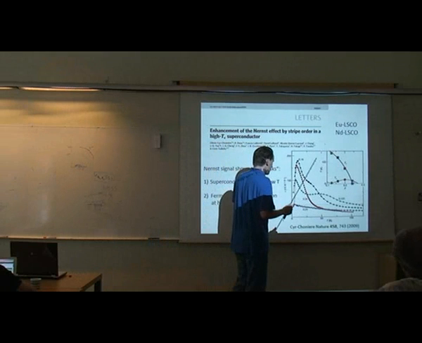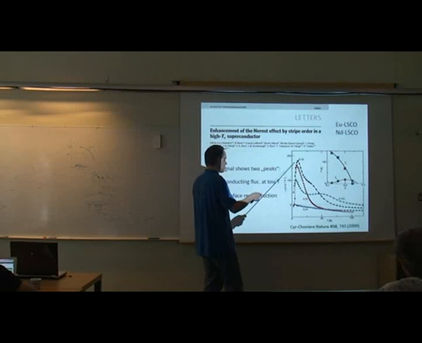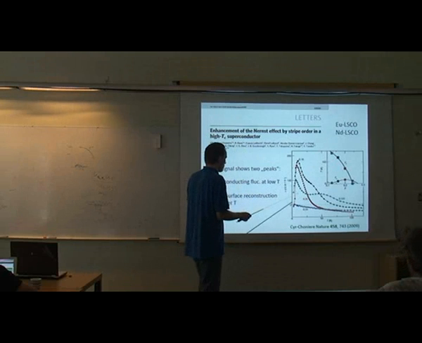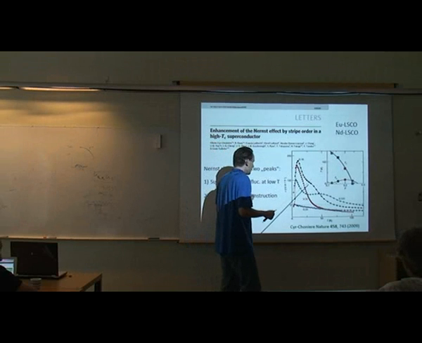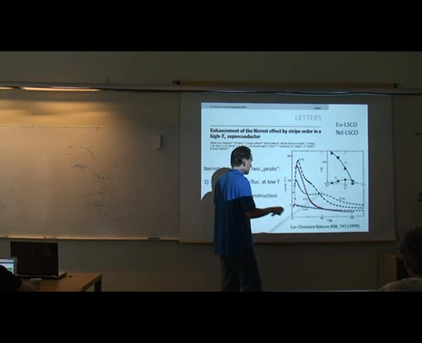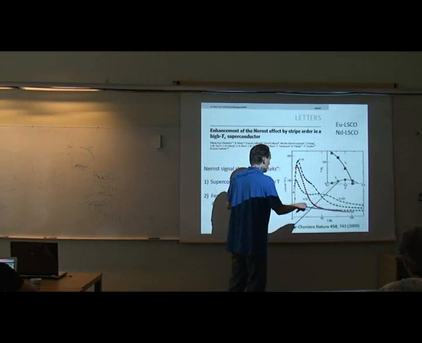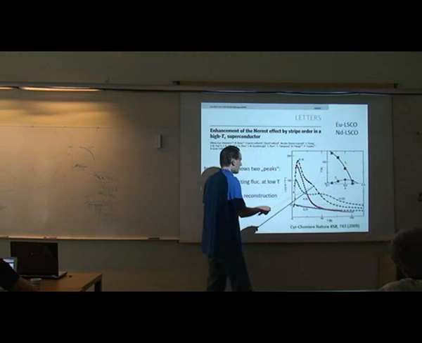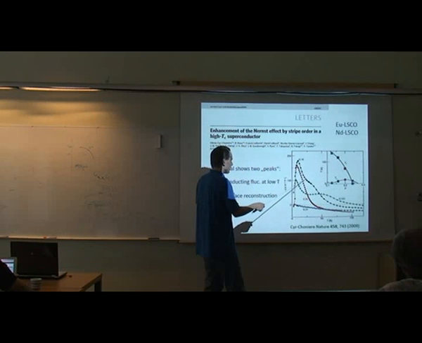And now how does this translate to this strange pattern of curves? Now, the essential thing is, if you look at this curve, which corresponds to a strong stripe order, you see two peak structures. And if you go away from the strong stripe order, here and here and here, these peak structures seem to merge and vanish, and there is no peak at all if there is no stripe order.